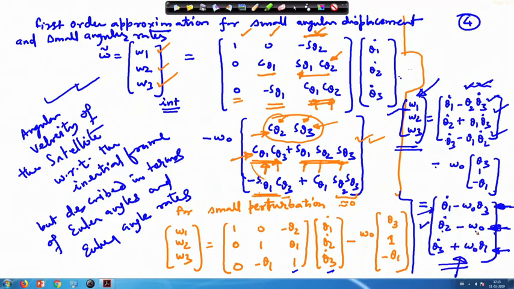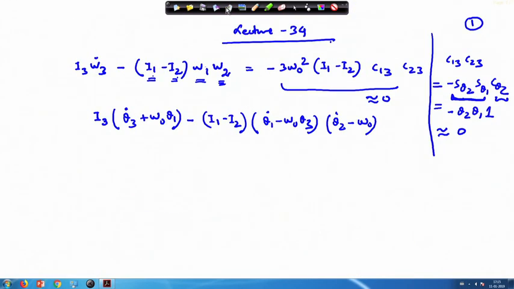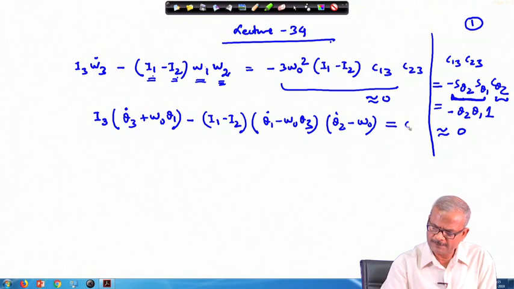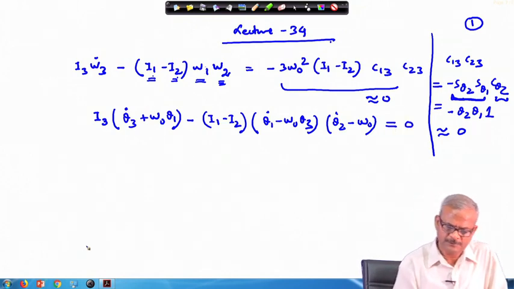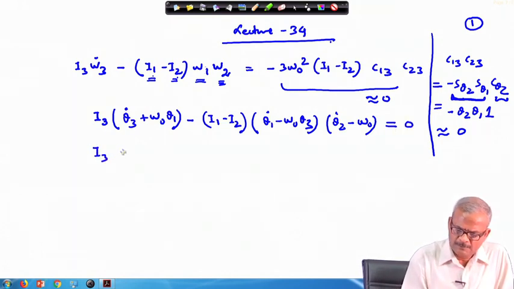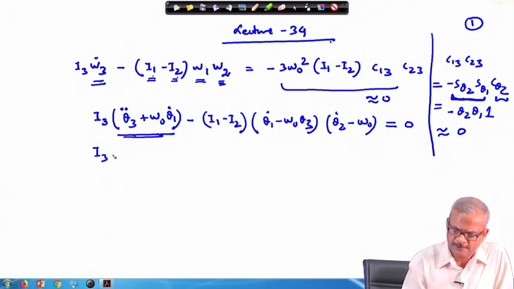This is your omega 2. So, the right hand side is set to 0, and here because we are taking the derivative of this, we are writing it as omega 3 dot. So, we have to put a dot here.